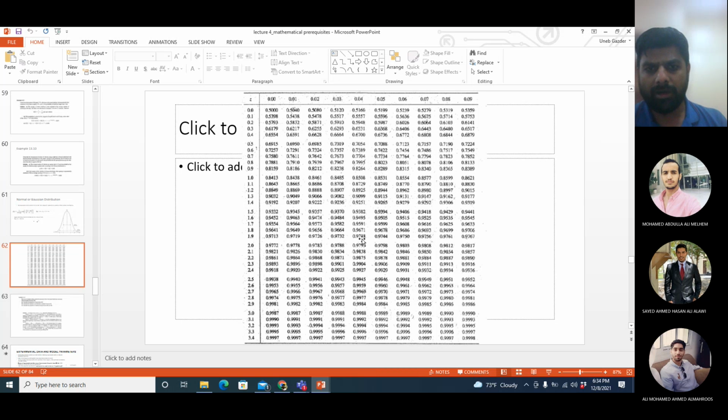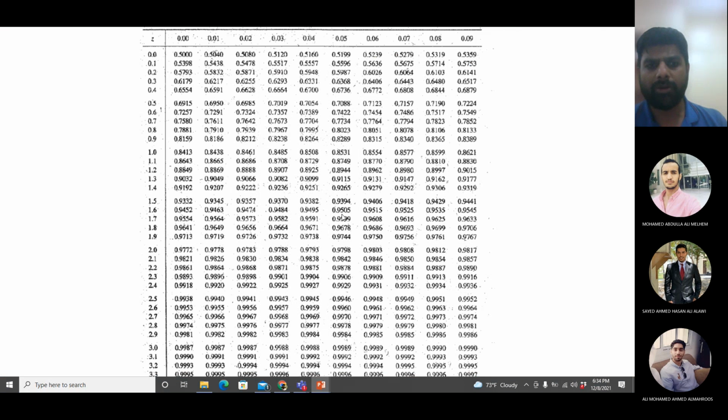So this one is 94.95% and this is 95.05%. This value is 1.6 and the top, okay, 1.64 gives me 94.95%, and 1.65 gives me 95.05%.